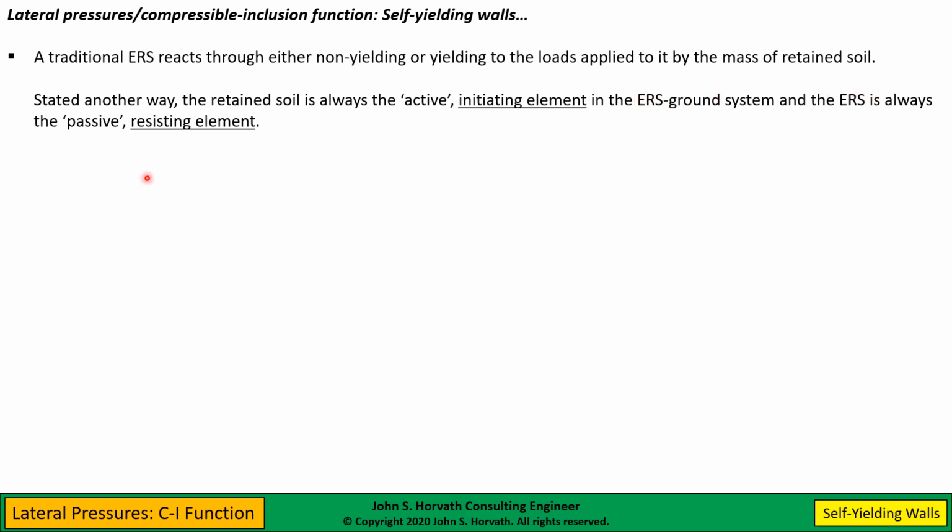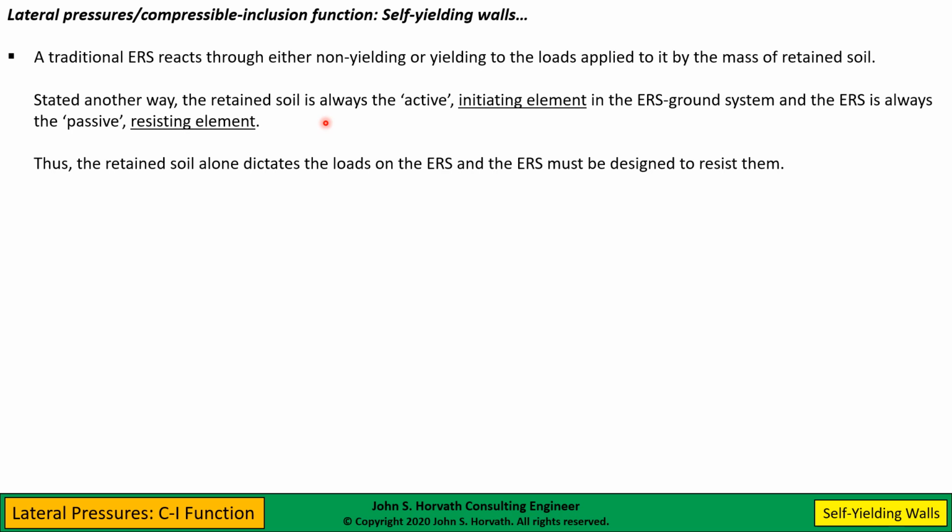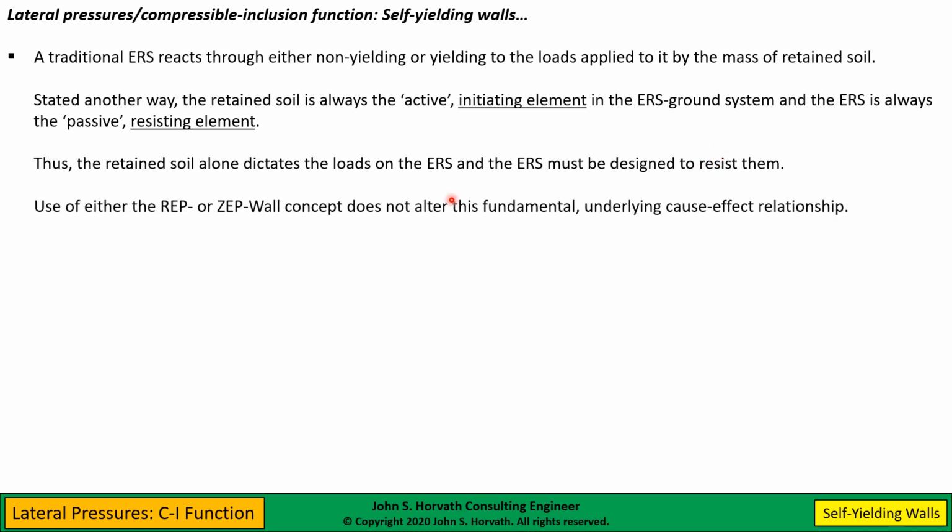And the earth retaining structure is always what I call the passive or resisting element. So the retained soil alone dictates the loads on the earth retaining structure, and the earth retaining structure must be designed to resist them. And it's important to understand, if we use the REP or ZEP wall concept, it doesn't alter the fundamental underlying cause-effect relationship.